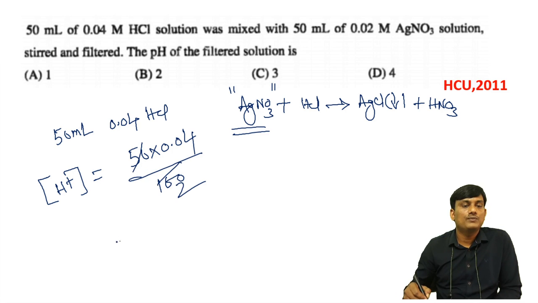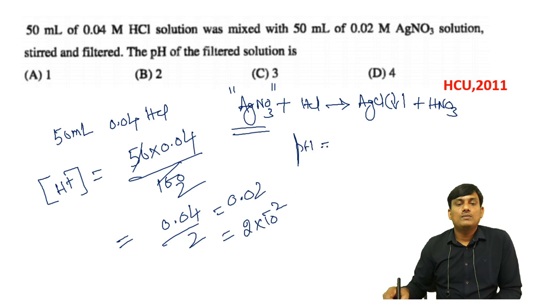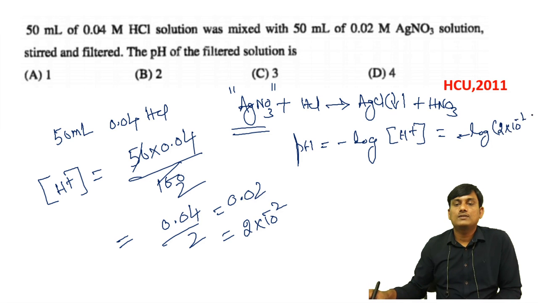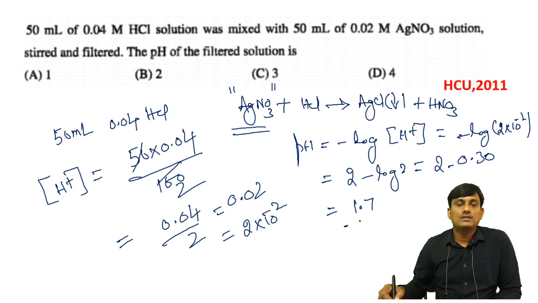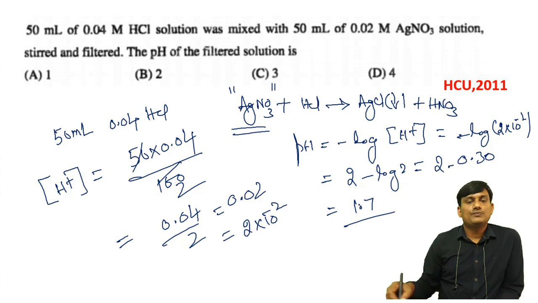So 0.04 by 2 will be 0.02, that is 2 into 10 to the power of minus 2. pH is equal to minus log of the concentration of H+, so minus log of 2 into 10 to the power of minus 2. So it will be 2 minus log 2, which is 2 minus 0.30. It should be around 1.7, but the option is not given. Okay, nearly 2 is the nearby option.